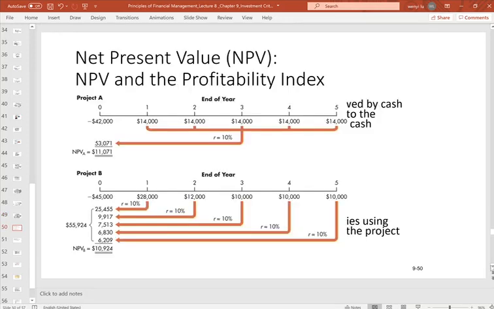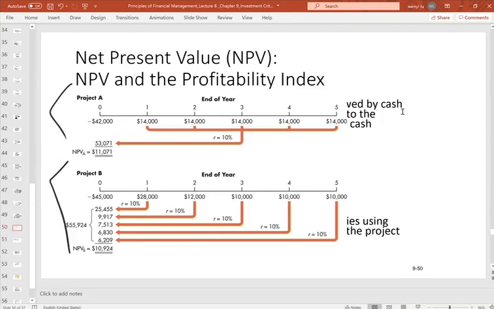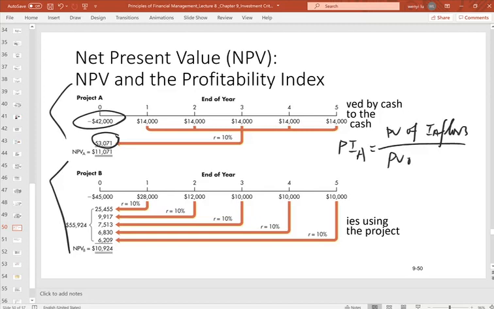For example, for the same examples, we can solve the PI, the profitability index. How can we solve that? You can see here, this is our future inflows, and this is our initial outflows. So the PI for project A will be the PV of the inflows divided by the PV of outflows. Inflows are all the flows from time 1 to time 5.